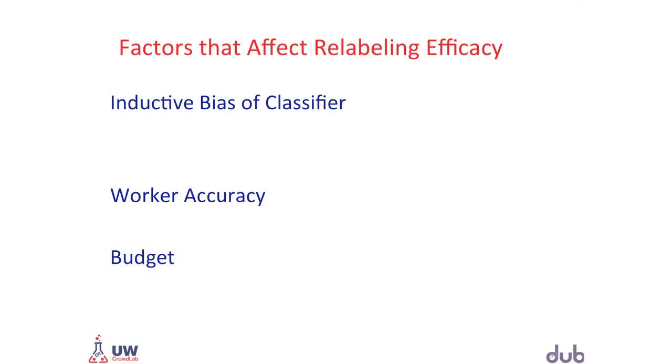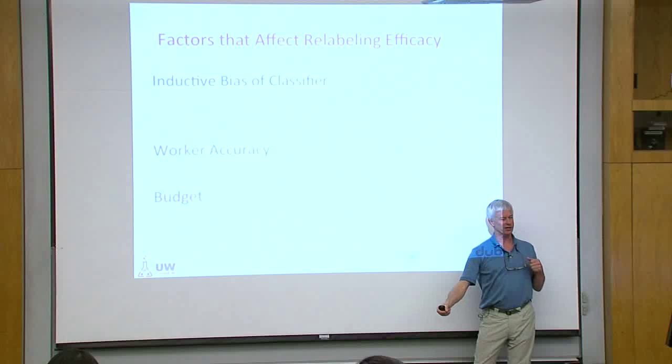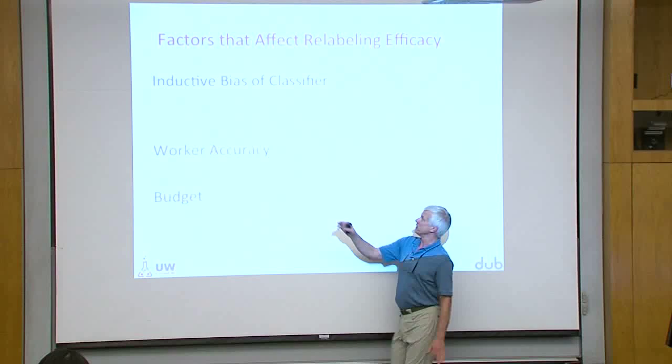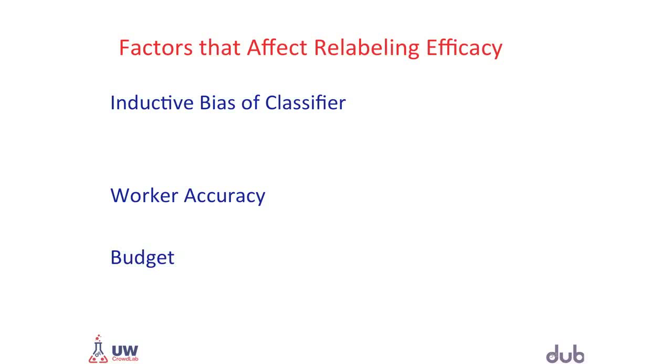Chris Lin has a nice paper at HComp a year ago that basically looks at the factors of the domain that affect the correct policy for doing relabeling. And we identified 3. One is the inductive bias of the classifier. Another one is worker accuracy. The third one is the total budget you're willing to spend.